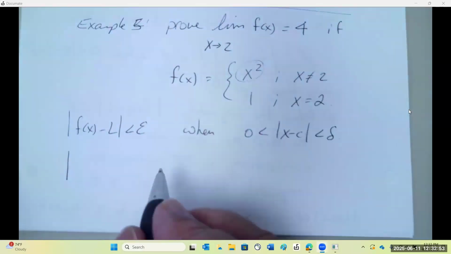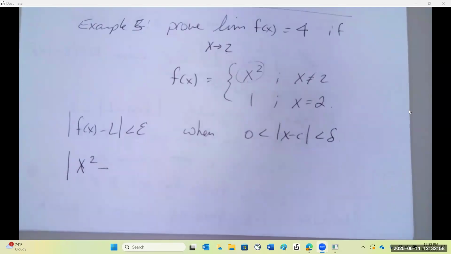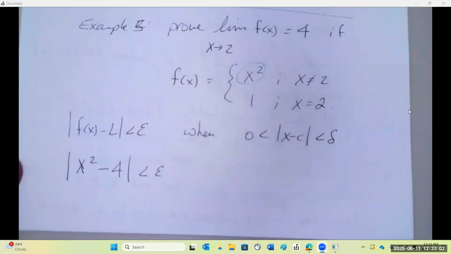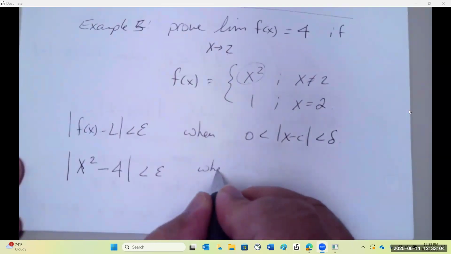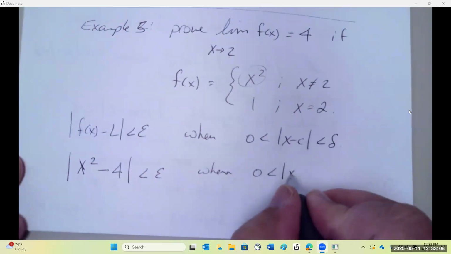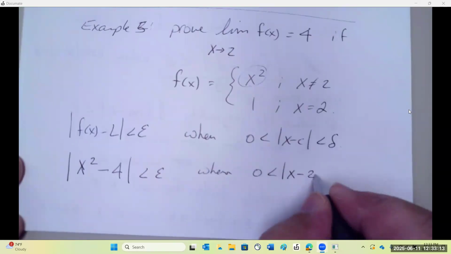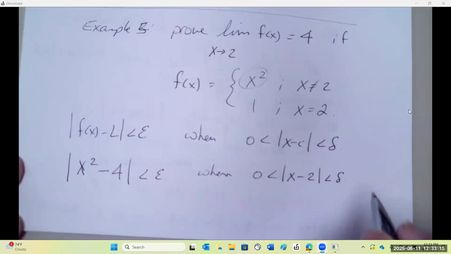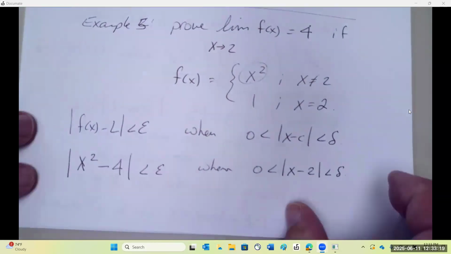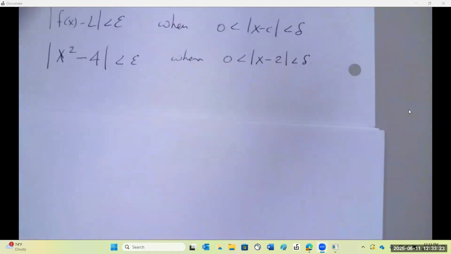We'll do the first one: x squared minus, what's our limit? 4, is less than epsilon when 0 < |x - c|, what is the c value? 2, is less than delta. So let's begin from there.